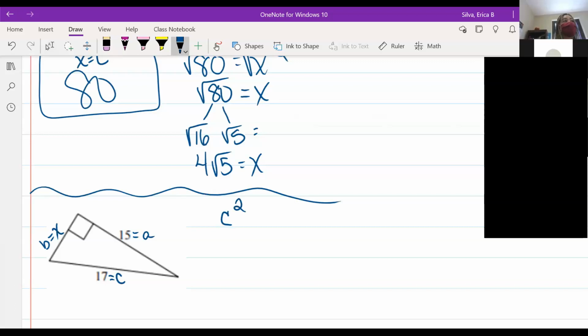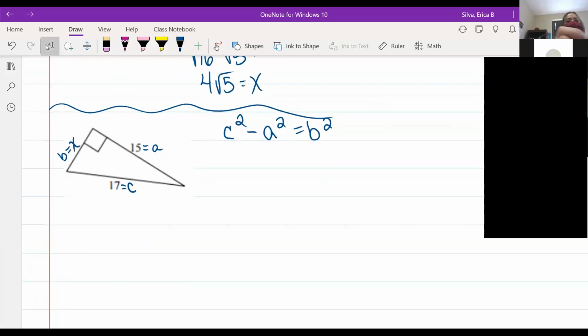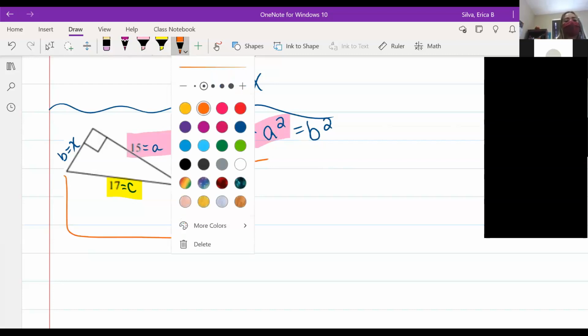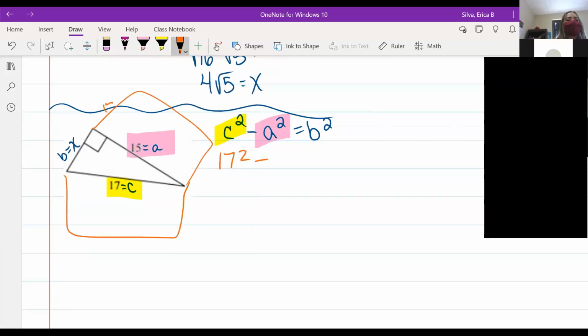We're going to say C squared minus A squared is going to be equal to B squared. So again, I like to picture it in my head where I get the C and I'm going to square it. So 17 squared, and then minus my A squared. So I'm going to create a square with the A. And you don't have to do this, but if it helps you visualize it, do it. We're going to square the 15, and then we're going to get B squared.